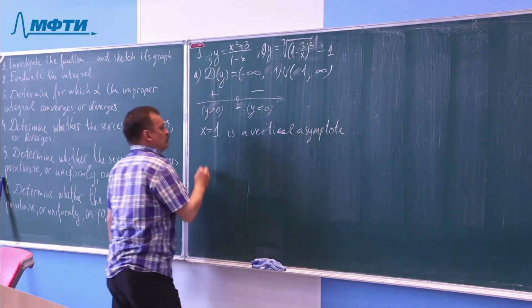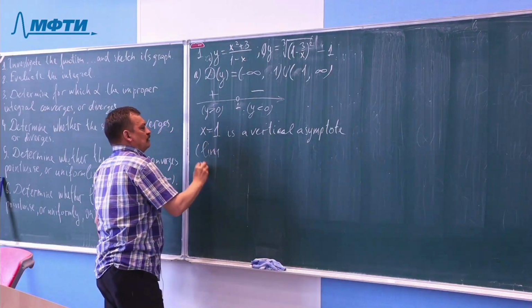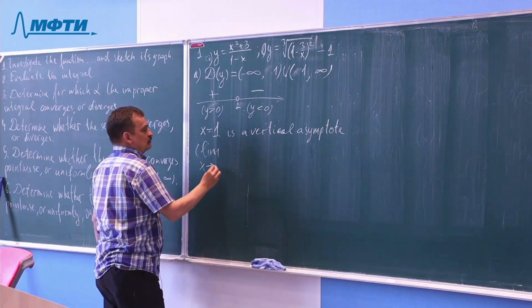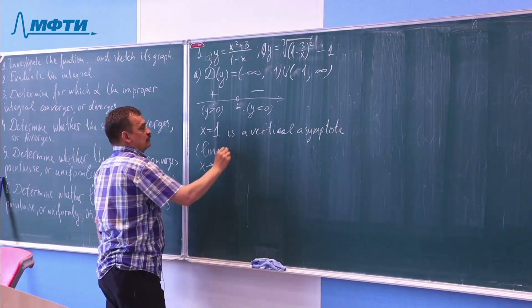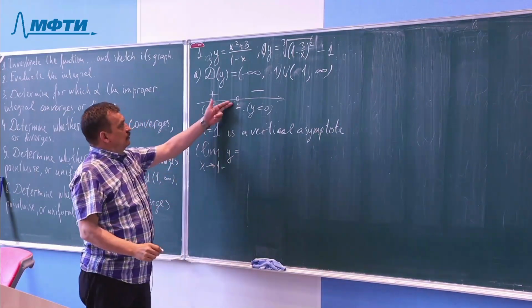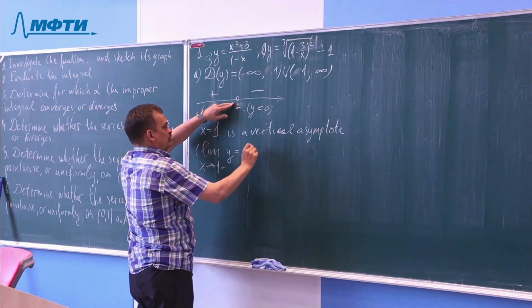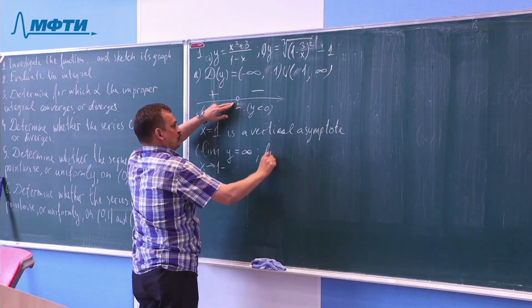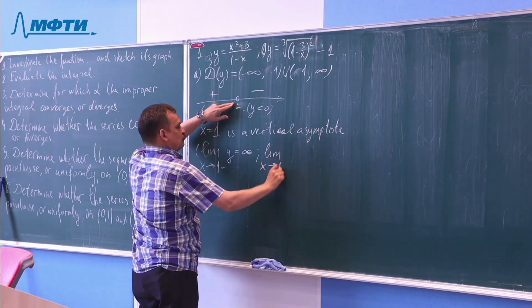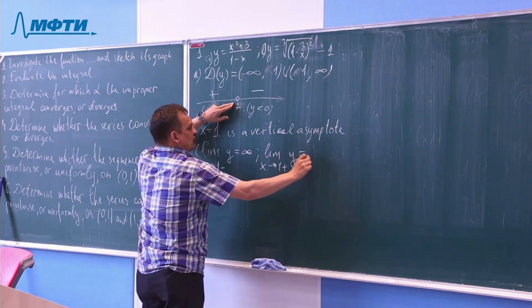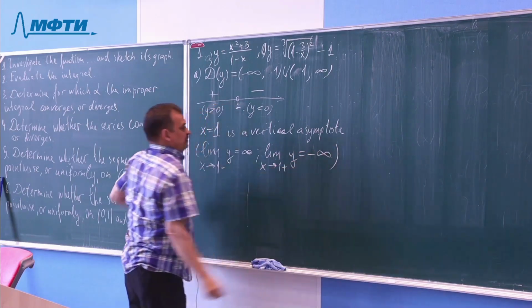Why? Because the limit as x tends to 1 from the left will be infinity, and the limit as x tends to 1 from the right will be minus infinity.